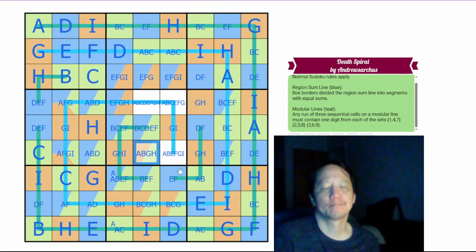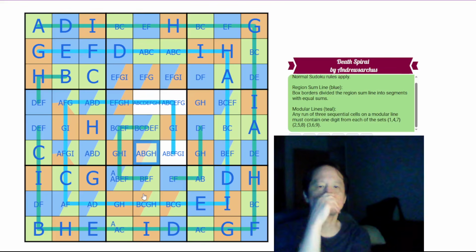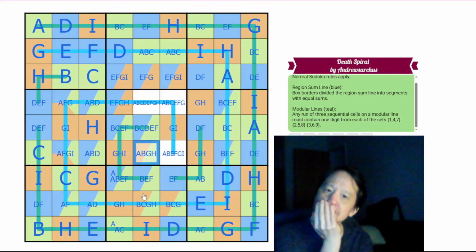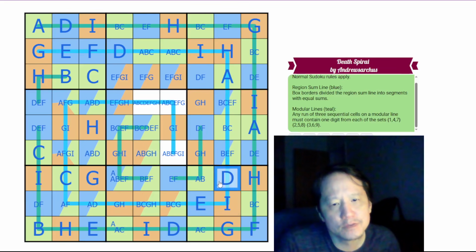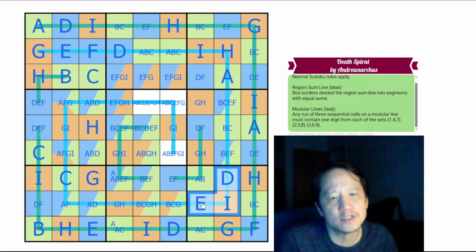What are the blues that add up to the double blues that add up to these sums?